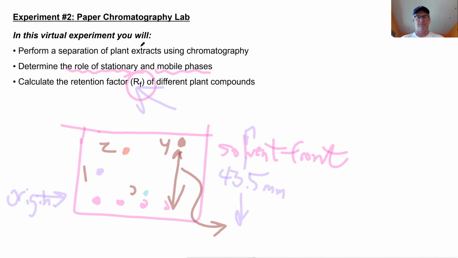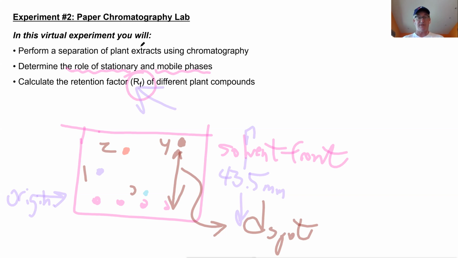Displacement. Or distance. But what's our shorthand for that? Anyone remember in the lab we did? Yeah, D spot, exactly. D spot, distance spot.